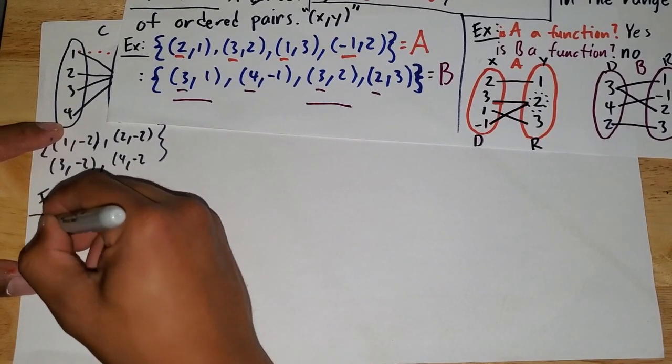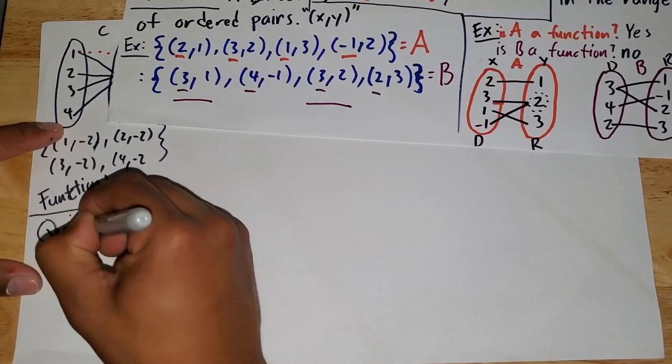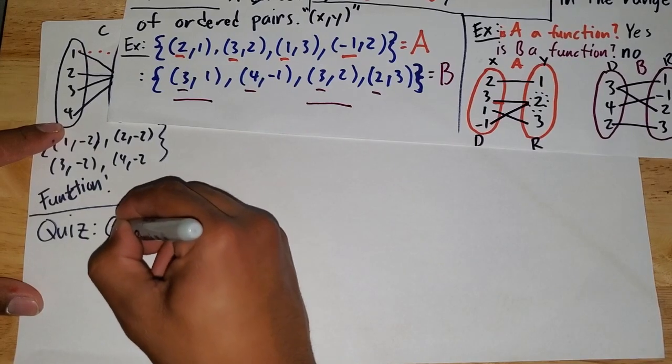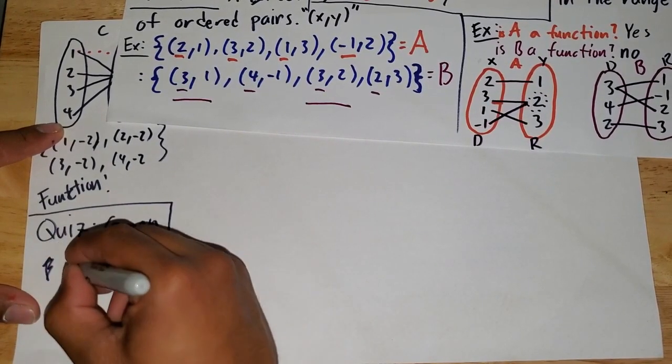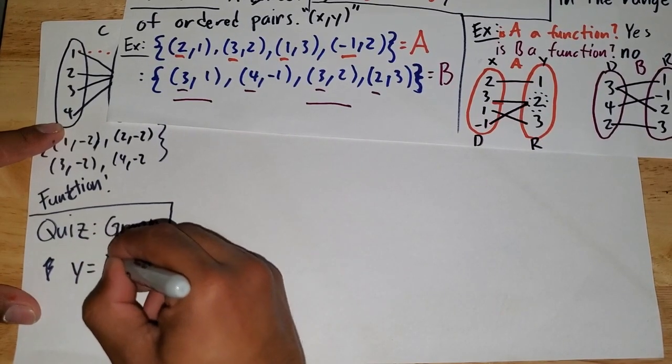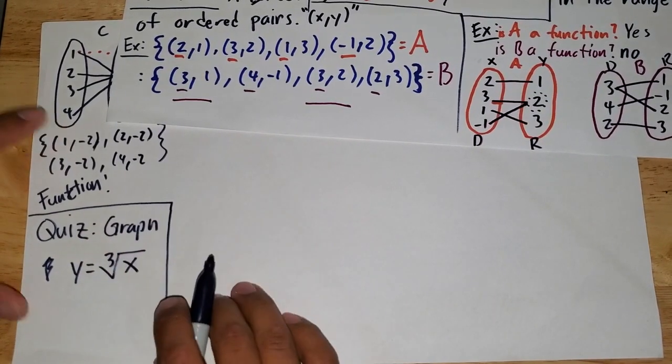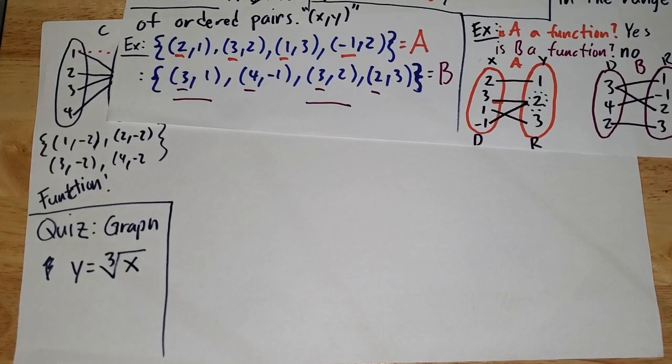So quiz. The quiz is to graph this equation, y equals cube root of x. So that's a quiz. You do it and email it to me as a PDF if you can. So make sure you do that.